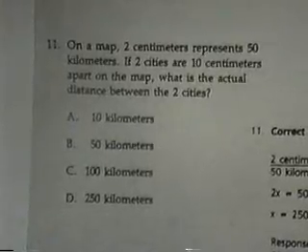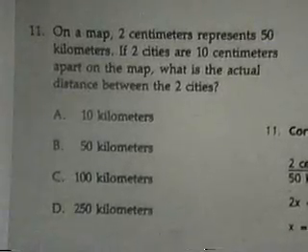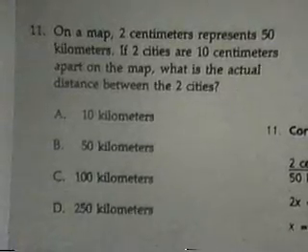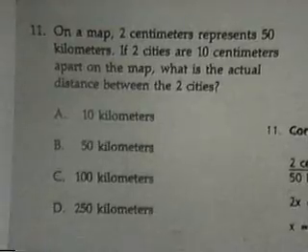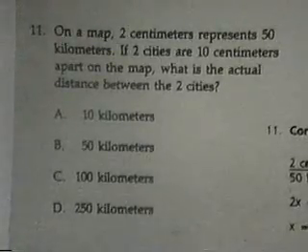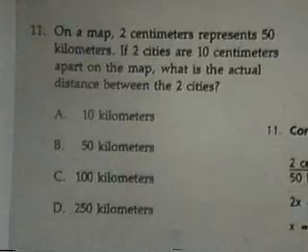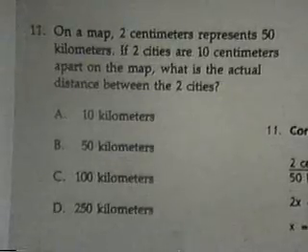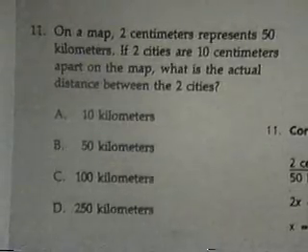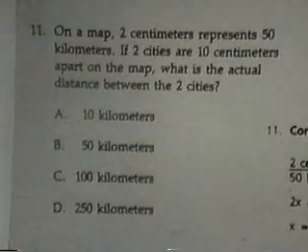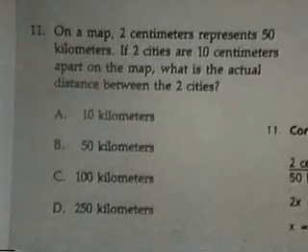Okay, it says on a map, 2 centimeters represents 50 kilometers. Now, a kilometer is 1,000 meters. If 2 cities are 10 centimeters apart on the map, what is the actual distance between the 2 cities?